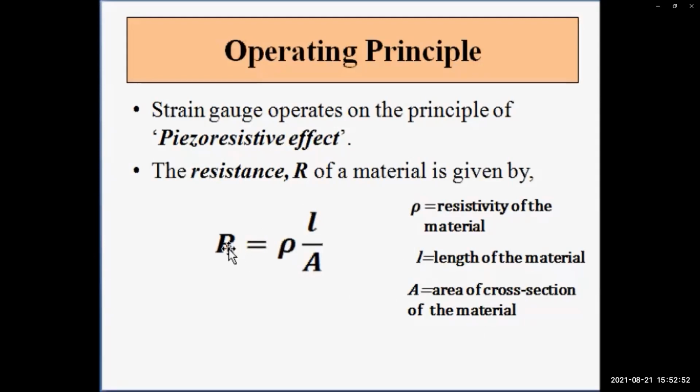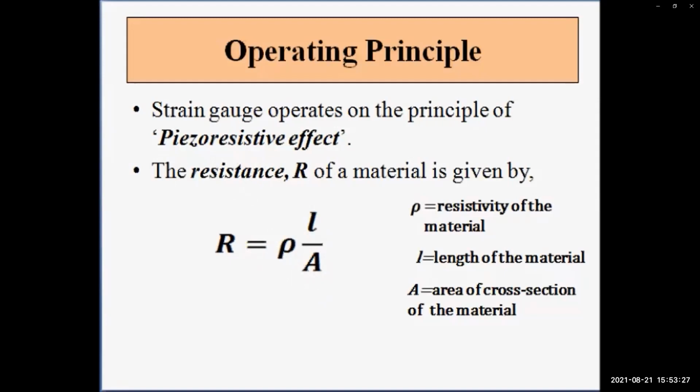Similarly, if length increases, resistance will increase, and if it decreases, it will decrease. But resistance is inversely proportional to area. So if there is an increase in area, there will be a decrease in resistance, and if there is a decrease in area, there will be an increase in resistance. These are the three things which are exploited in the piezoresistive effect to construct a strain gauge and to measure physical quantities such as force, pressure, strain, stress, etc.